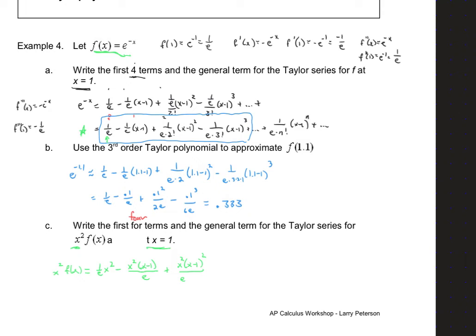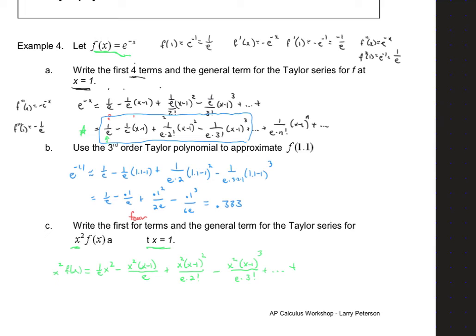I'm going to leave it as e times 2 factorial, because when we get to that nth term, I think that's going to be easier to write down in terms of a formula. So first 4 terms, 1, 2, 3, you've got one more. That's going to be minus x squared times x minus 1 to the third over e times 3 factorial plus dot, dot, dot.